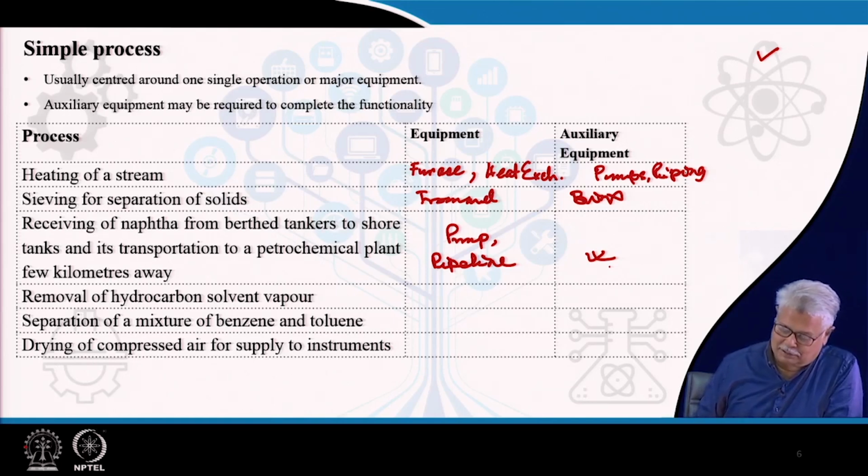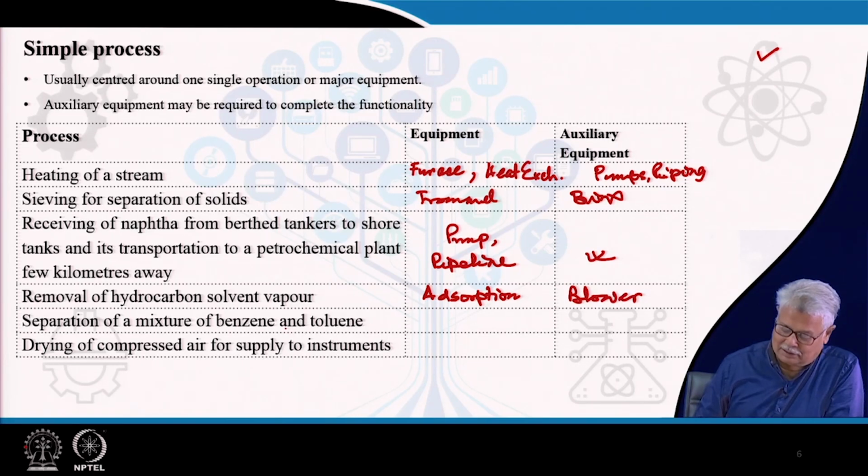Removal of hydrocarbon solvent vapor possibly will be done by the process of adsorption. Possibly you will be using a carbon molecular sieve or charcoal, whatever is your adsorption material. But at the same time, you got to make the material flow. So, you need to have blowers in place.